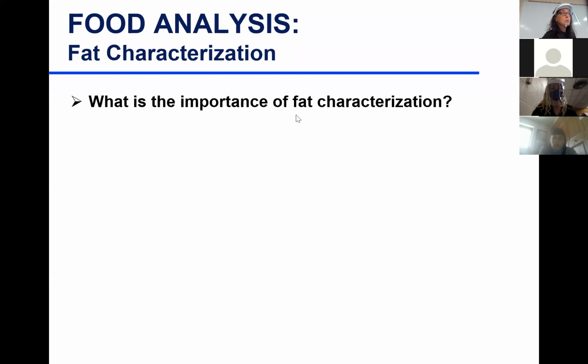We also need to determine shelf life based on the different types of fats we have. Do we have a polyunsaturated fat or more saturated fatty acids? So, and we look at safety. We have secondary metabolites of oxidation, some of them have toxicity, such as malonylaldehydes or cholesterol oxides. So we look at that too.